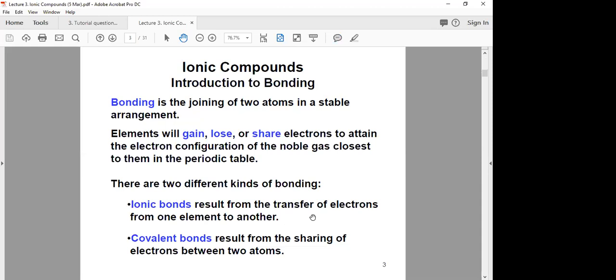Okay, transfer of electrons. Whereas covalent bonds, which we'll talk about in more detail next week, result from sharing of electrons between two atoms. Okay, so they're the key points: transferring of electrons from one to the other, or sharing of electrons.